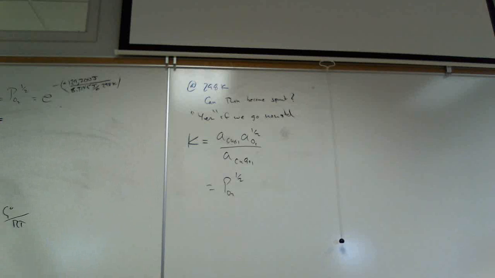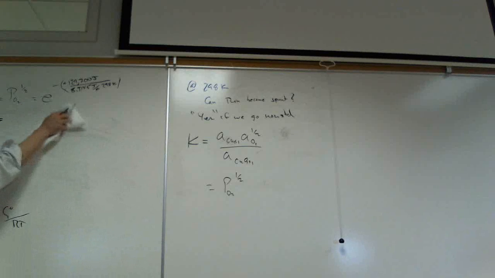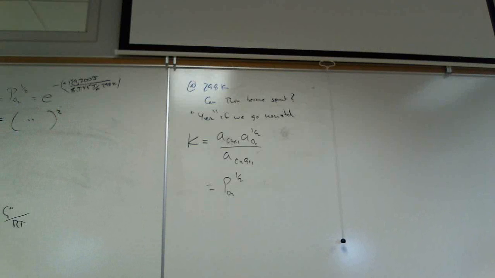So we want to solve for pressure. So the pressure of O2 is equal to the square root of this, oh no, actually I got a square, sorry. We need to square both sides, so it's going to be the square of whatever we get here. What is the pressure that I need?